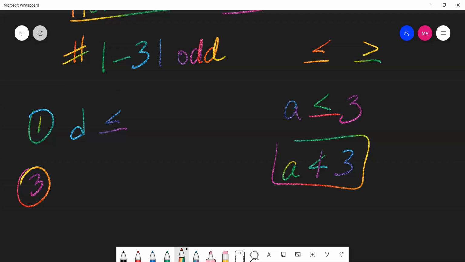So if I say A is not less than 3, then that means A is equal to or greater than.